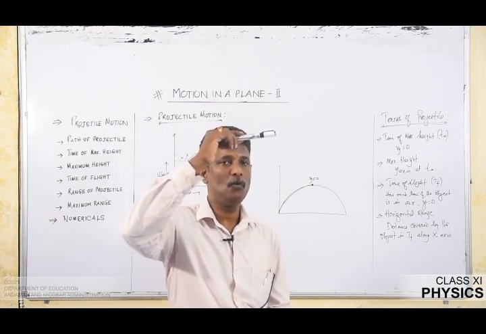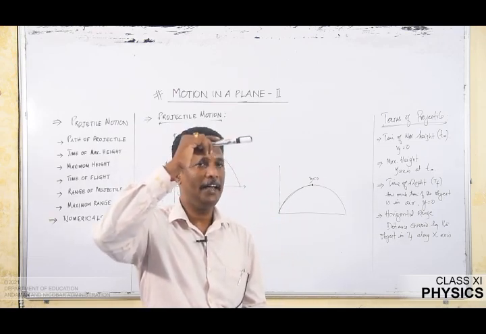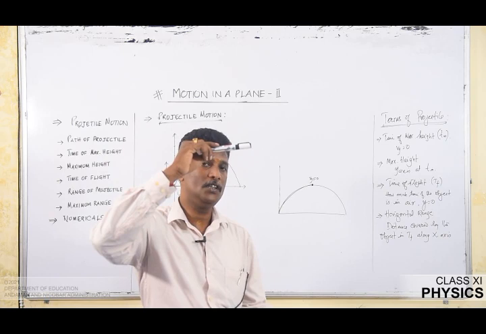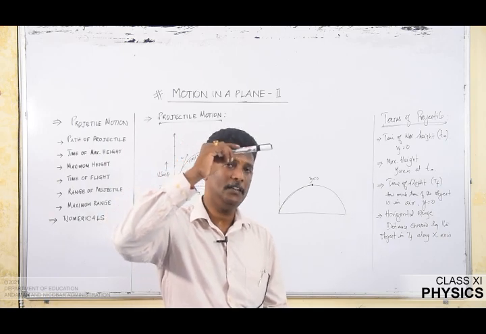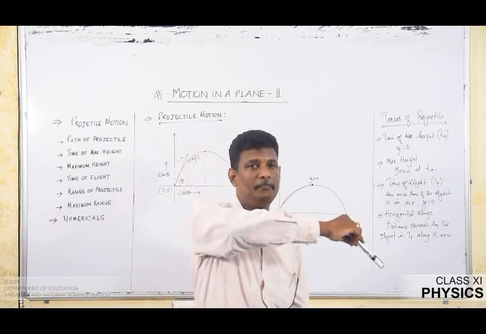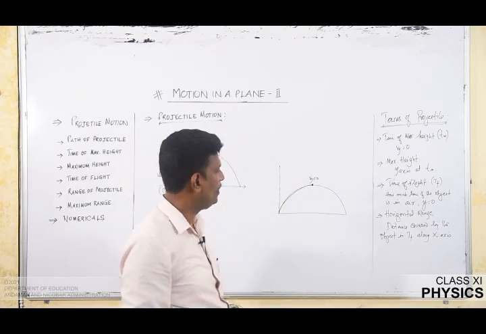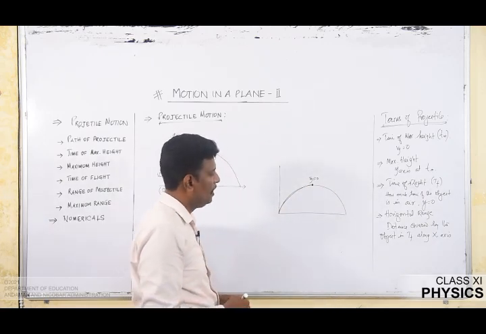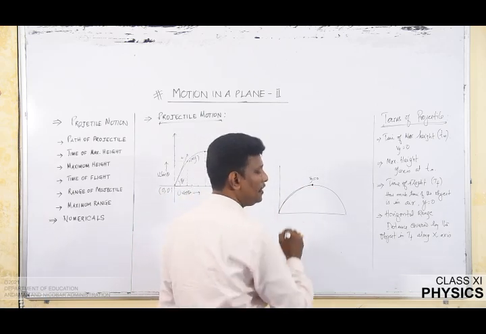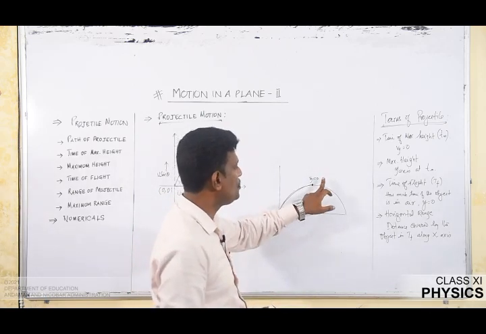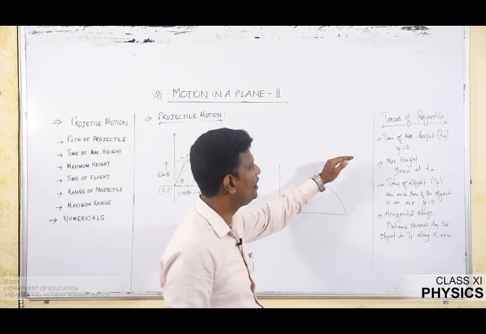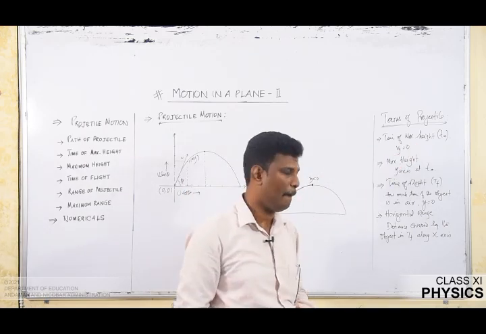The velocity along y axis is 0, but the x component is not 0. That is why it has the tendency to move forward. So, at this point Vy is equal to 0, or in other sense we can write the time taken by the object to reach Vy is equal to 0, that is the time of maximum height.